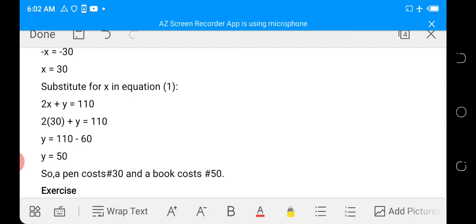Wherever I see x now, this 30 will replace it. So 2 into bracket 30 plus y is equal to 110. Opening the bracket and solve, I have y is equal to 50. Therefore, a pen costs 30 naira and a book costs 50 naira.